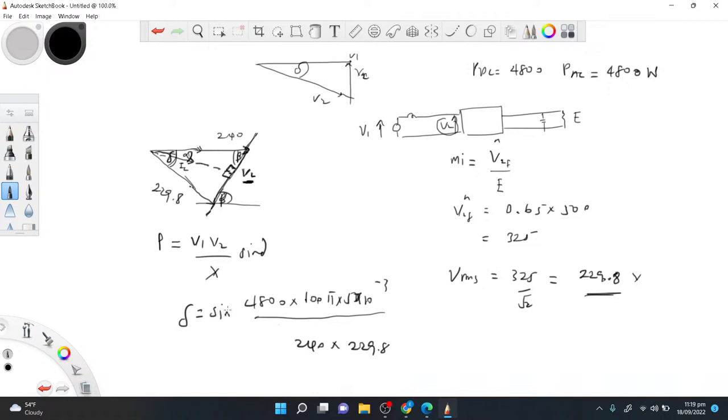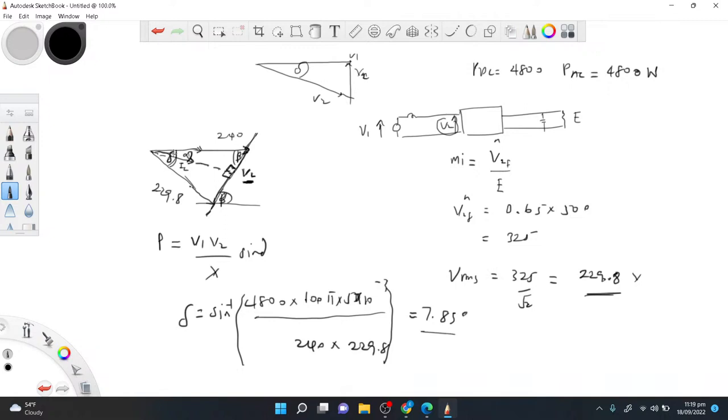Find the sine inverse of this. I get 7.85, so delta is 7.85.